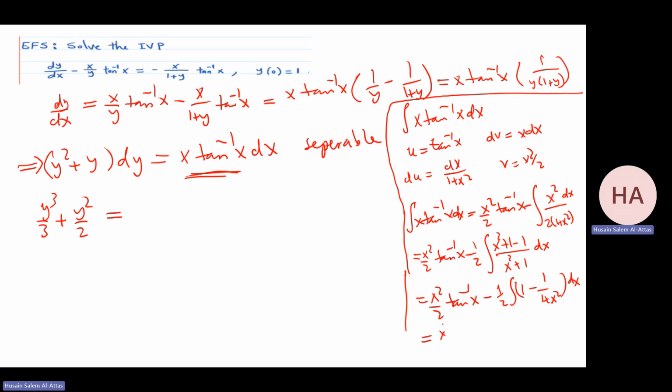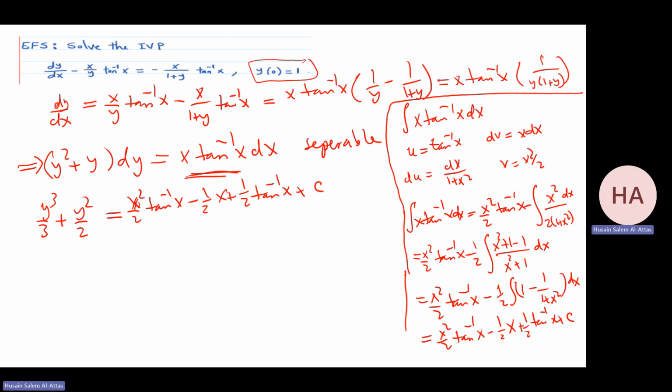So I'm getting x squared over 2 tan inverse of x minus half x plus half tan inverse of x plus c. So plug it here. So I have y cubed over 3 plus y squared over 2 equals x squared over 2 tan inverse x minus half x plus half tan inverse of x plus c. Okay, now use the condition to find the c.